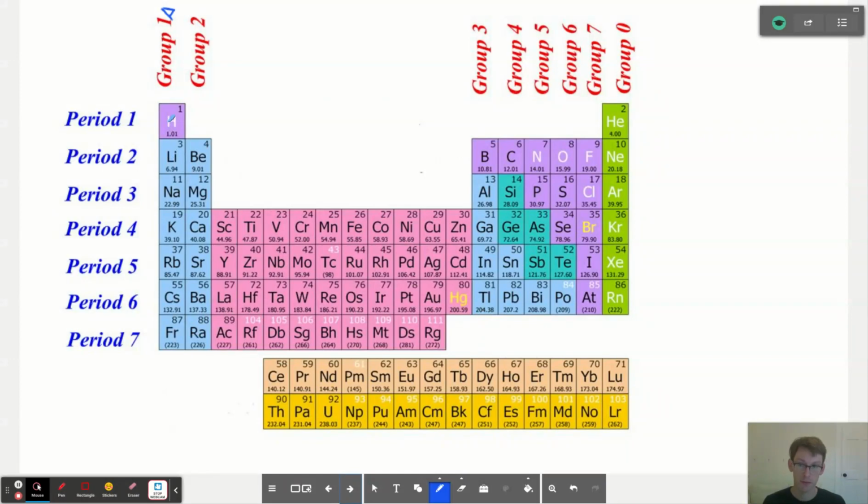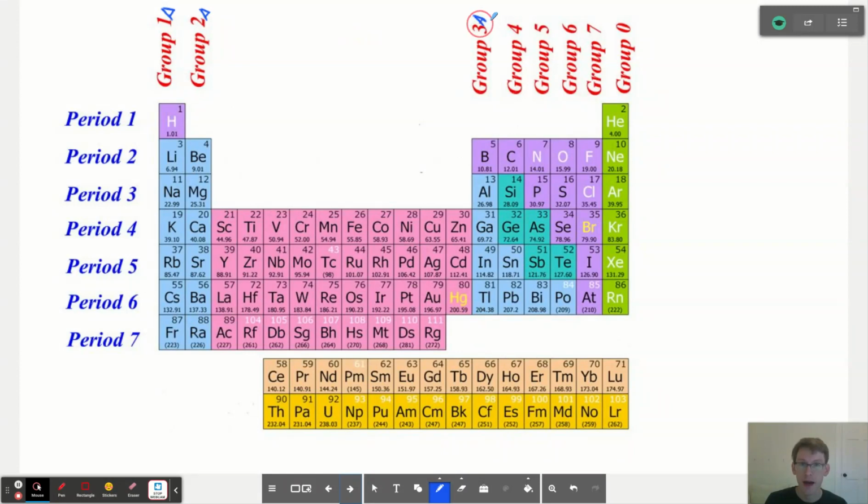And you know that water has the formula H2O. Later in this class, we're going to start understanding how lithium will react with oxygen to form Li2O, and Na2O and K2O are also compounds that exist. So elements that are in the same group will have similar chemical properties.